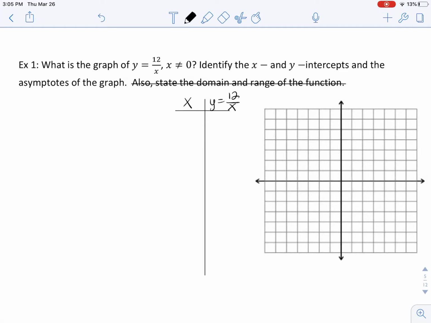So some nice integer values that divide into 12 would be 1, 2, 3, 4, 6, and 12, and also their opposites. So -1, -2, -3, -4, -6, and -12.